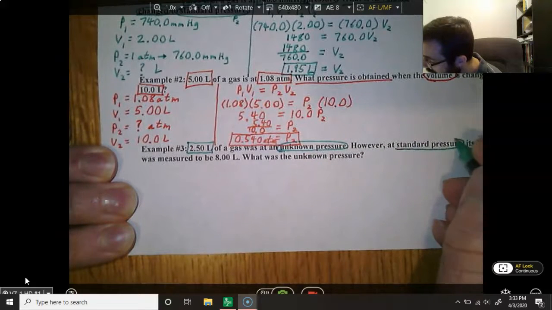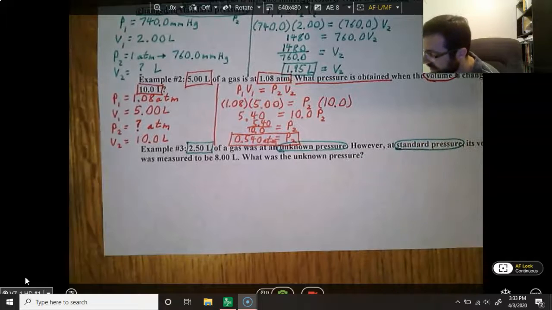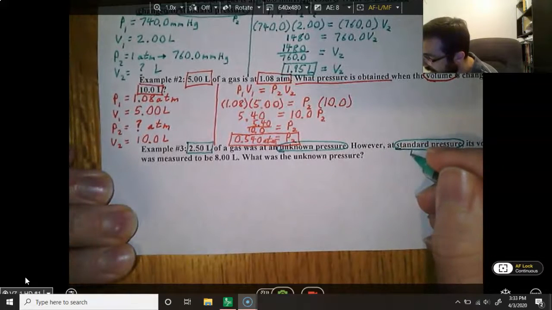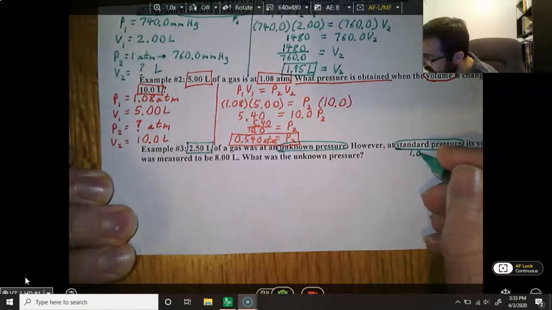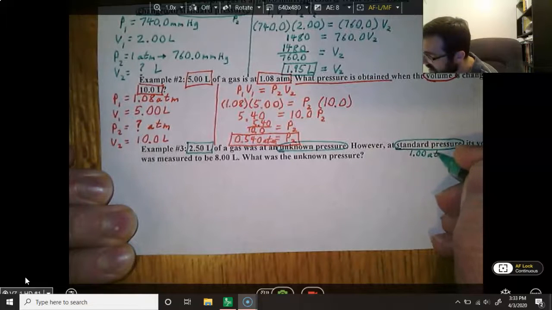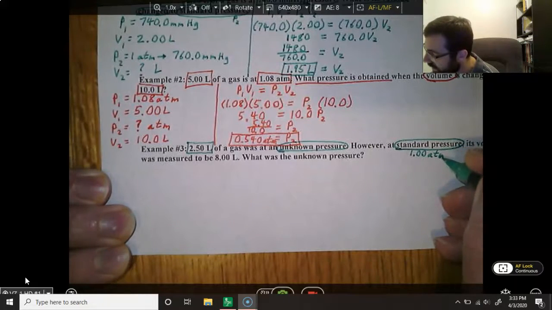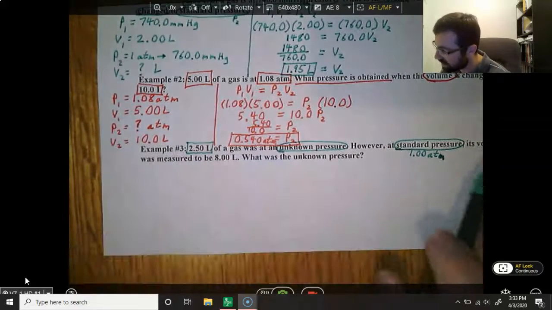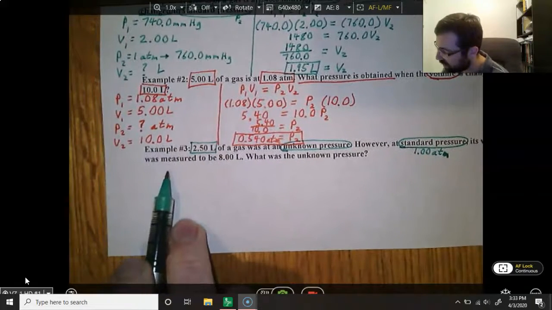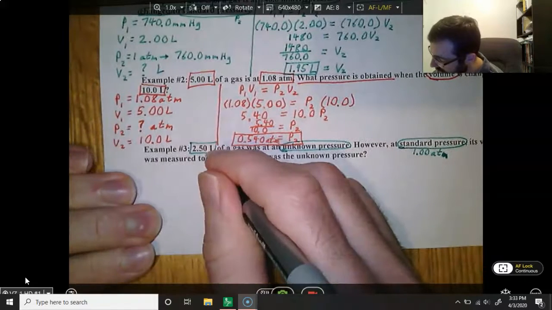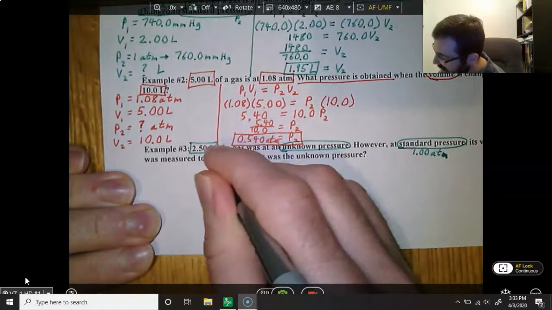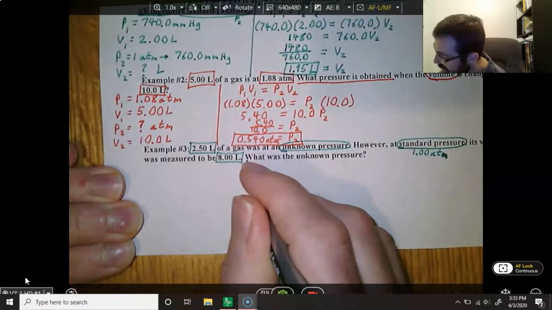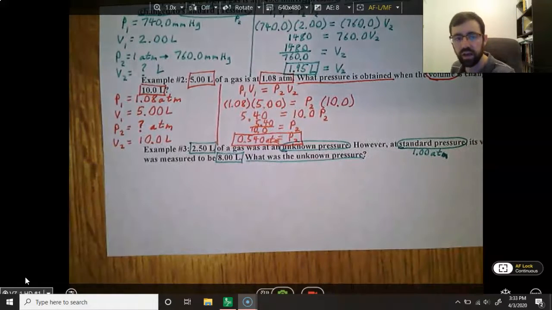We know that standard pressure, as we mentioned before, is 1 atmosphere. I'm going to put 1.00 because we usually want at least 3 sig figs. It's sloppy, but that's atmospheres. Okay, its volume was measured to be 8.00 liters. What was the unknown pressure?